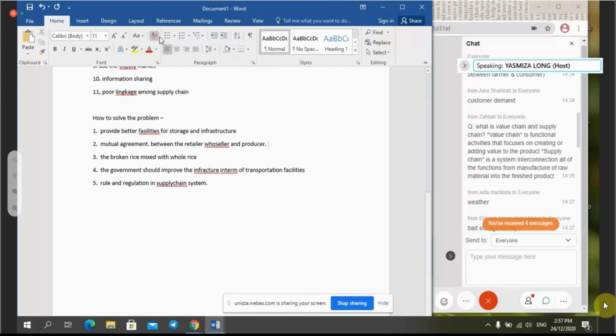Maksud dia tak adalah nak hantar ke kilang yang besar, tak ada. Very teruk lah. Tu saja yang dia orang mampu buat, tapi dia orang boleh export produk dia outside of Indonesia. Tapi the facility tu memang very teruk compared to Malaysia.